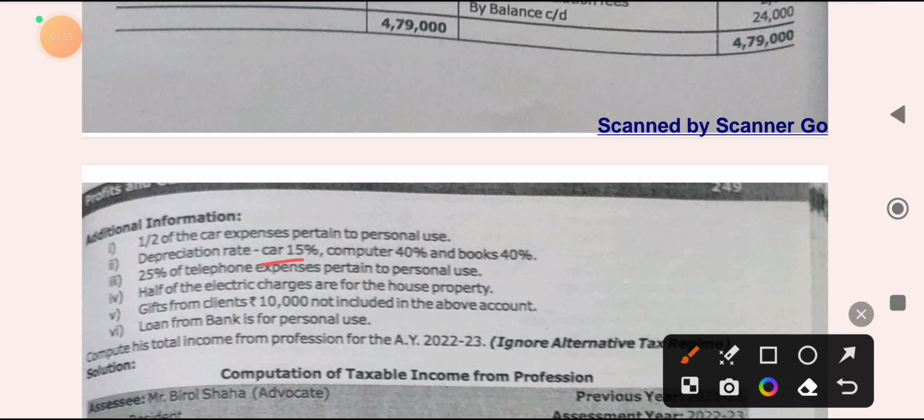Depreciation: car at 15%, computer 40%, books 40%.